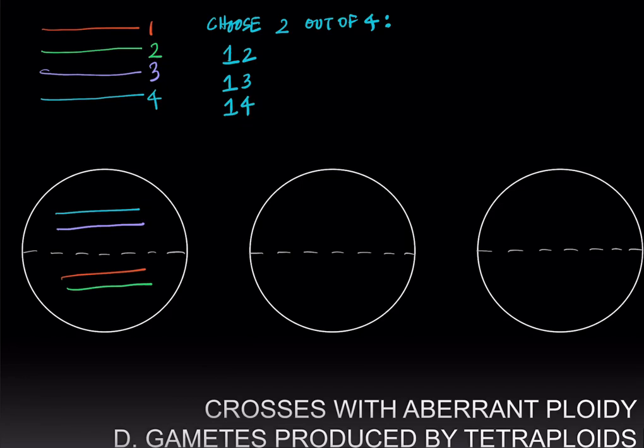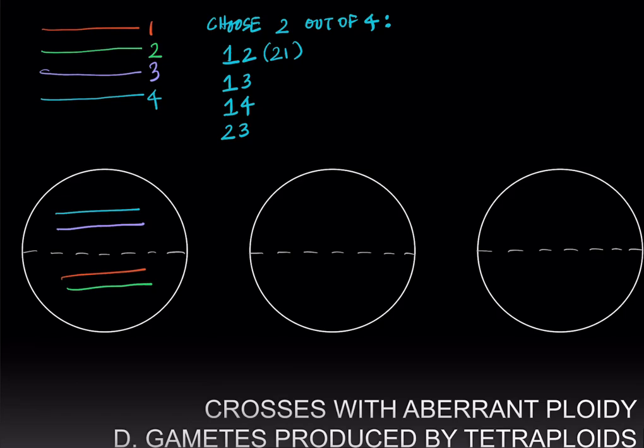Then I could pick 2 and 3. 2 and 1 is the same thing as 1 and 2 because the order in which you pick them doesn't matter. All that matters is that you have the first chromosome and the second chromosome.